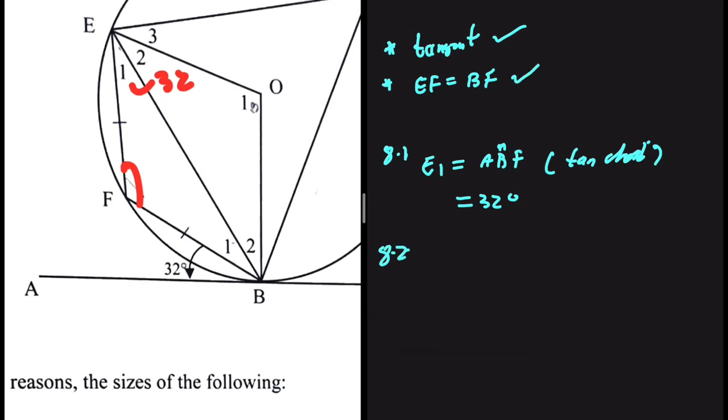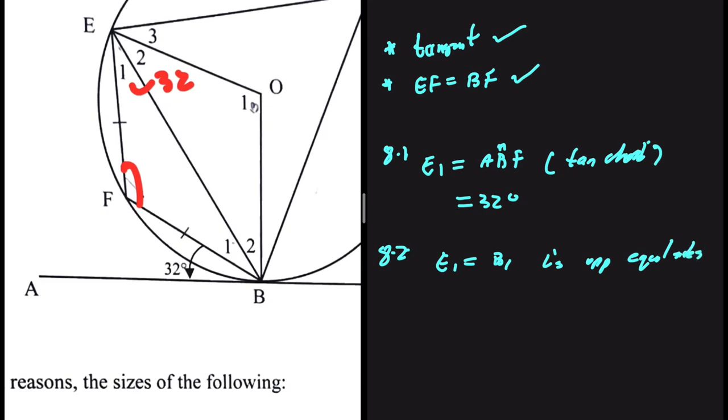Our second keyword, EF is equal to BF. Angles opposite equal sides are equal. So E1 is equal to B1 because those two angles are opposite equal sides, so they should be equal to each other.